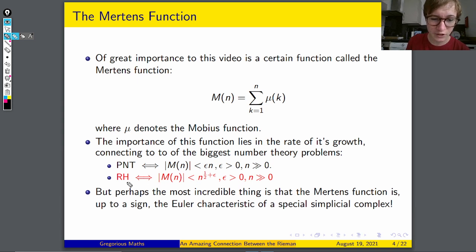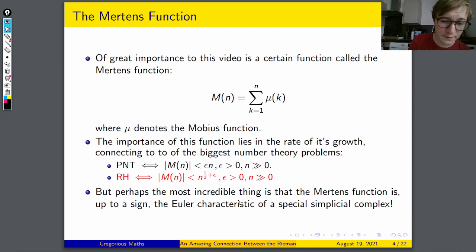Now, an interesting note about this one here is that there was some stronger conjecture about the Mertens function being bounded by the square root of n, but that was disproved by, I believe, Hardy or someone like that. But of course, this statement here hasn't been disproved. That would be huge.